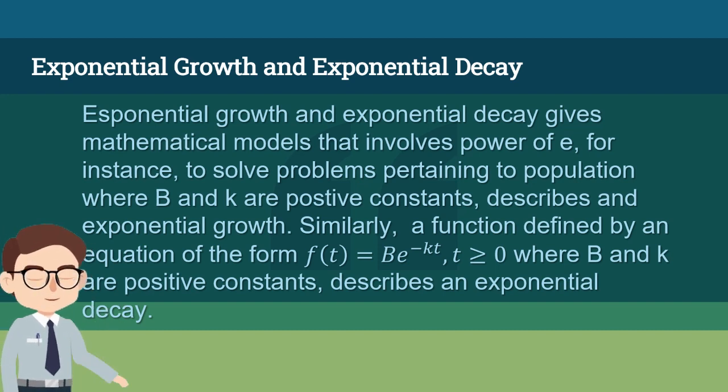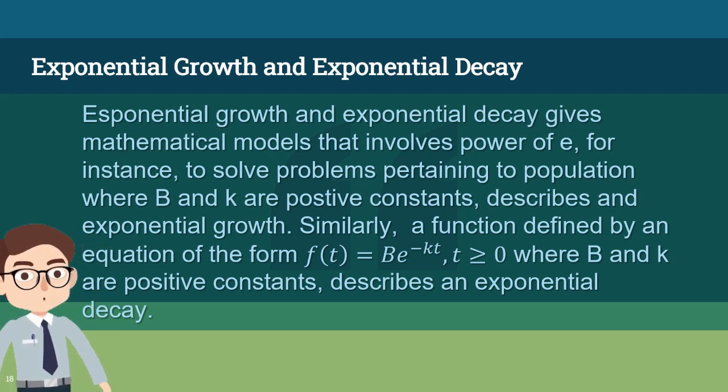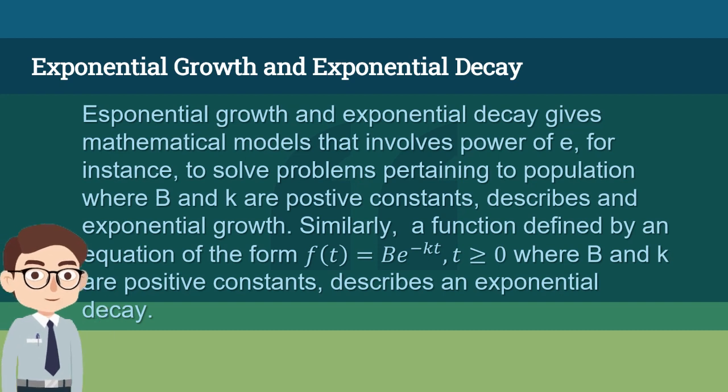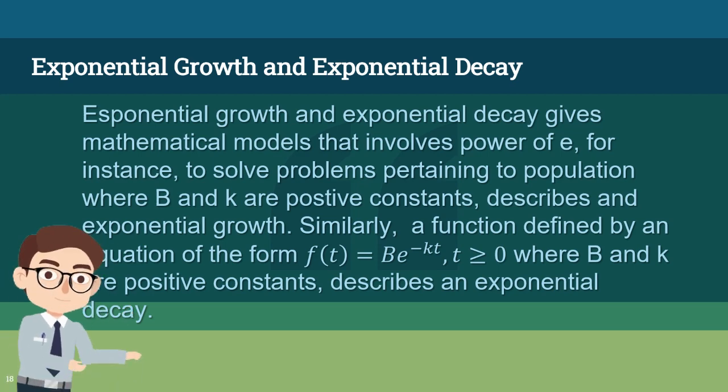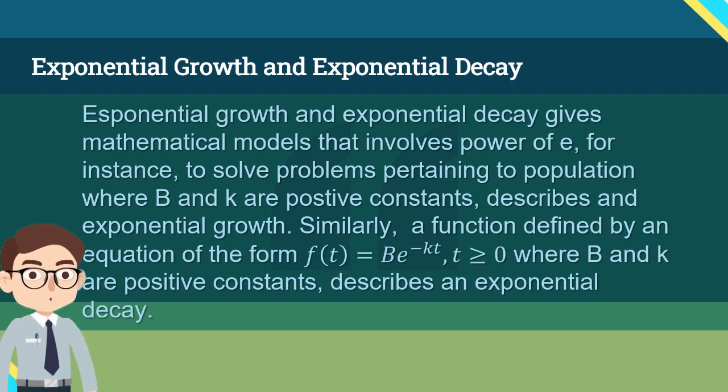For instance, in problems pertaining to population, a function of the form f of t is equal to b e raised to kt, where b and k are positive constants, describes an exponential growth. Similarly, a function defined by an equation of the form f of t is equal to b e raised to negative kt, where t must be greater than or equal to 0, and b and k are positive constants, describes an exponential decay.